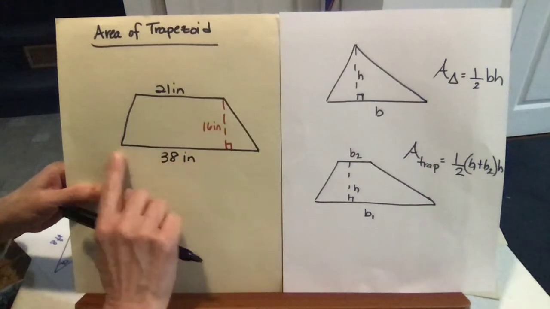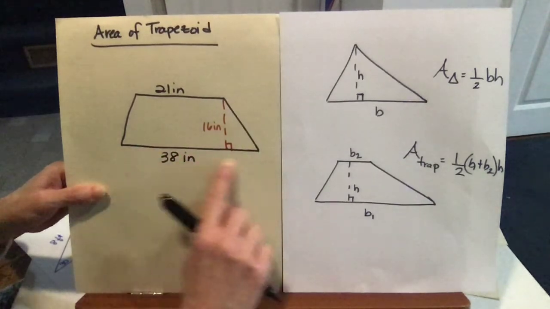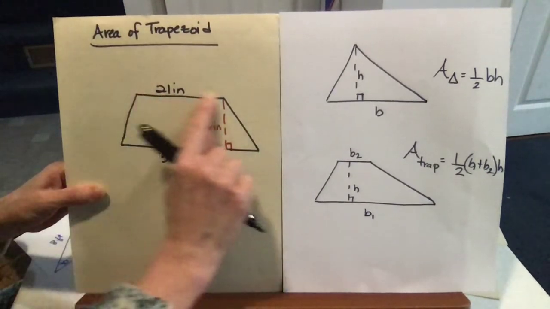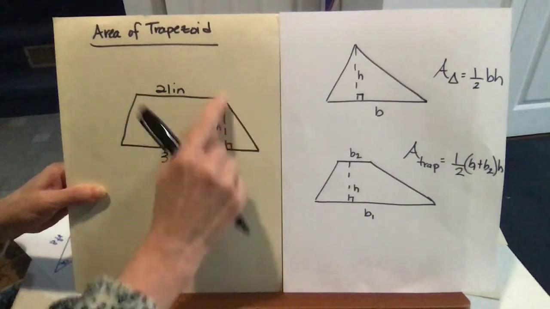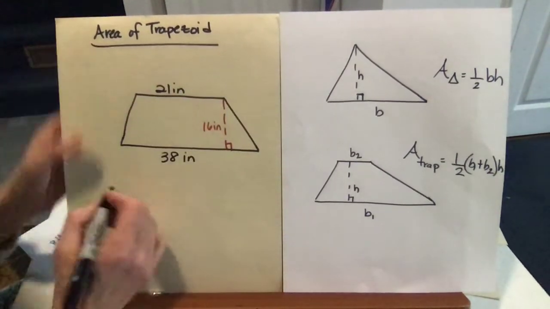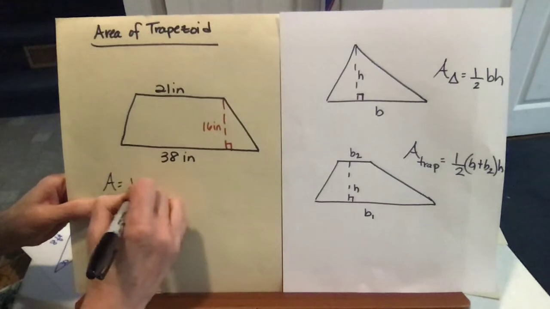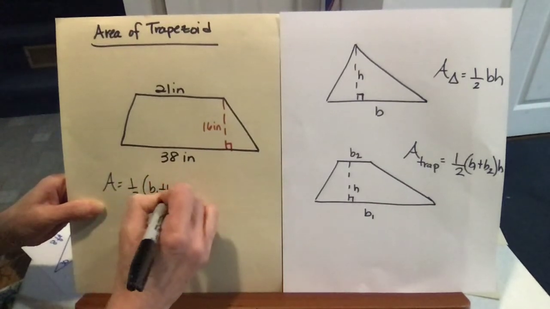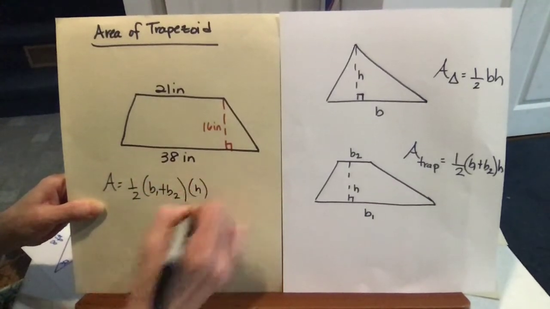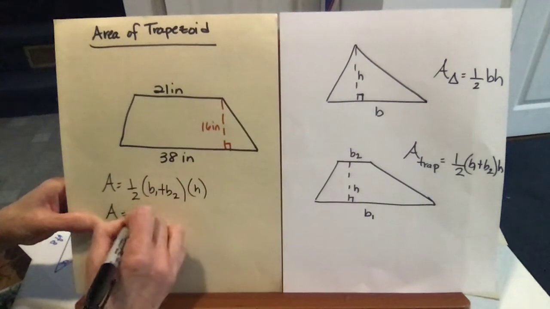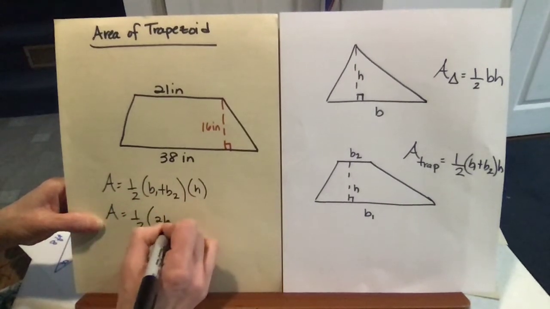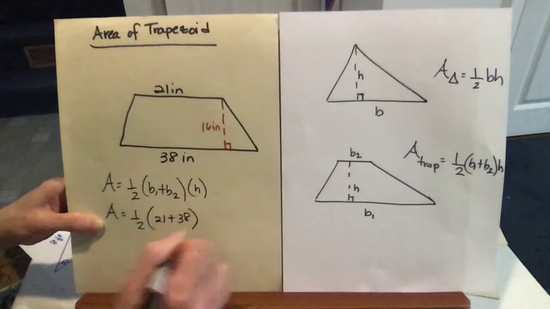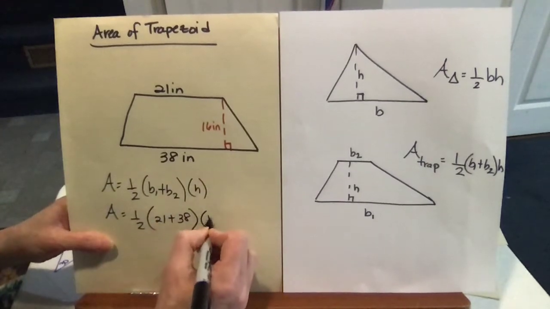But since it doesn't have any indicator, 21 is the top base, and our height is 16 inches. So area equals half of our bases added together times our height. So area equals half of our first base, 21, plus our second one, 38, or vice versa, times 16.